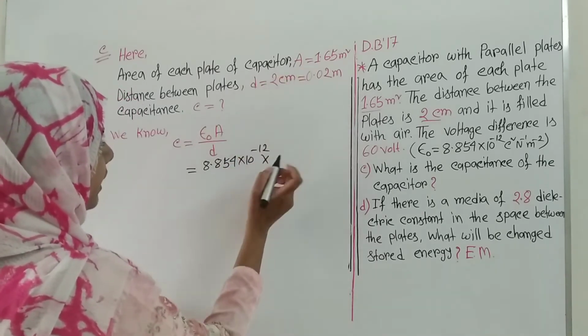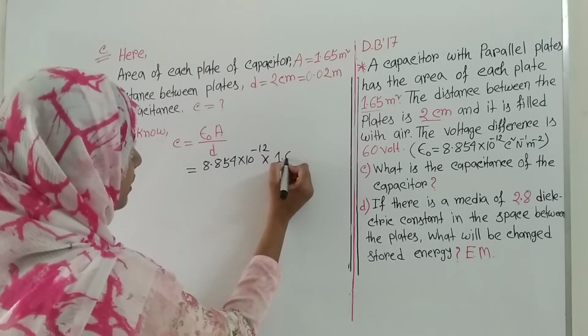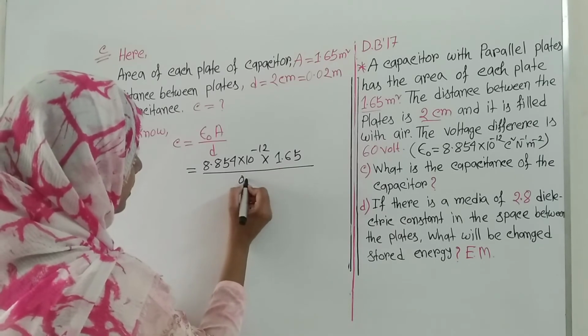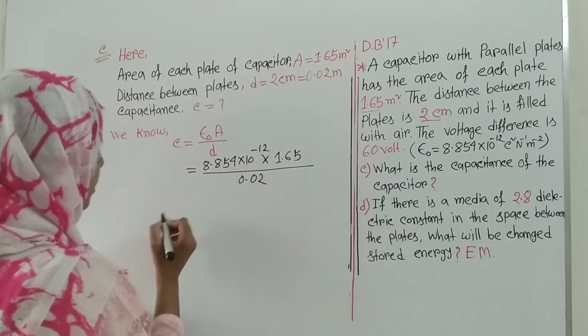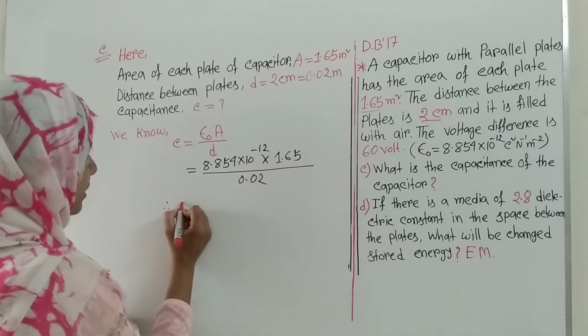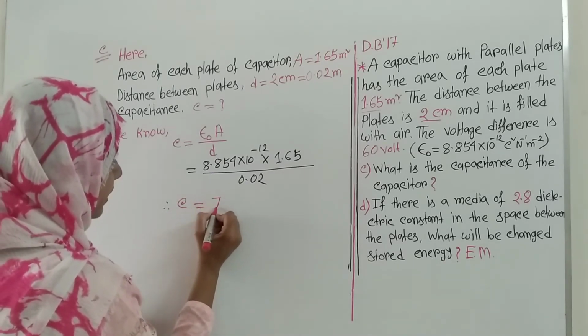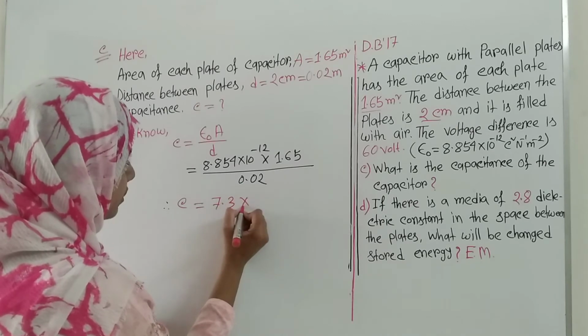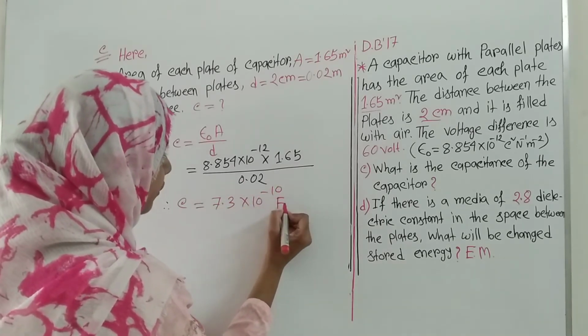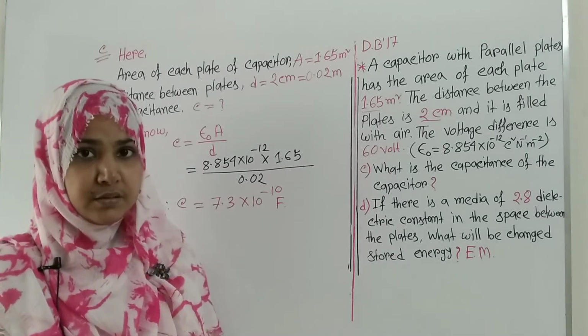The value of A is 1.65 and the value of D is 0.02. So finally we will get the value of capacitance is 7.3 into 10 to the power minus 10, and the unit of capacitance is farad.